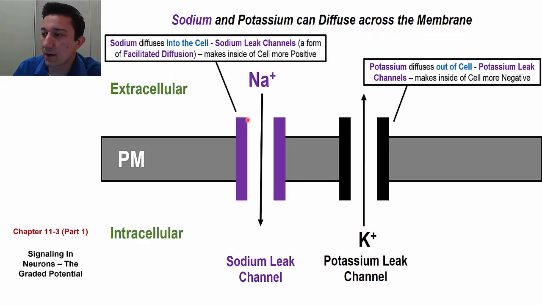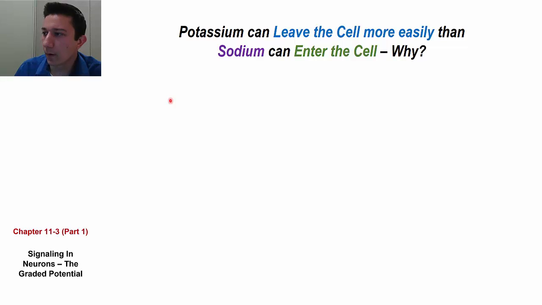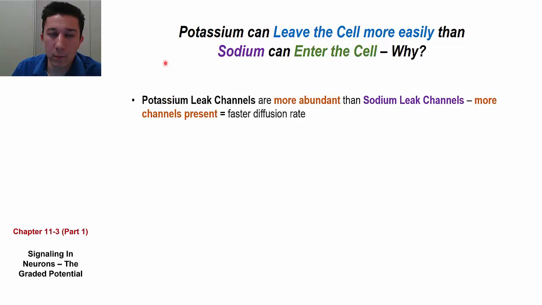Really, it simply comes down to the fact that there are more potassium leak channels in the plasma membrane than there are sodium leak channels. So there's simply more doorways for potassium to get out of the cell than there is for sodium to enter the cell. All right. So potassium leak channels are much more abundant than sodium leak channels, which, remember, in the PhysioEx lab that we did in chapter 3, that was PhysioEx lab 1, we saw that when we increased the number of plasma membrane proteins in facilitated diffusion, we get a faster rate.